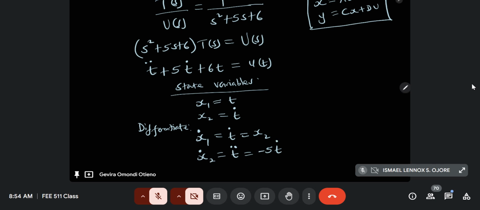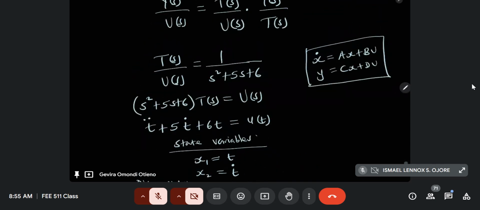I'm making the double derivative the subject of the formula. Minus 5 derivative of T minus 60, plus u. Okay? But we don't need this in terms of T. Remember, the right-hand side is in terms of x, x1, x2. Those are the state variables.